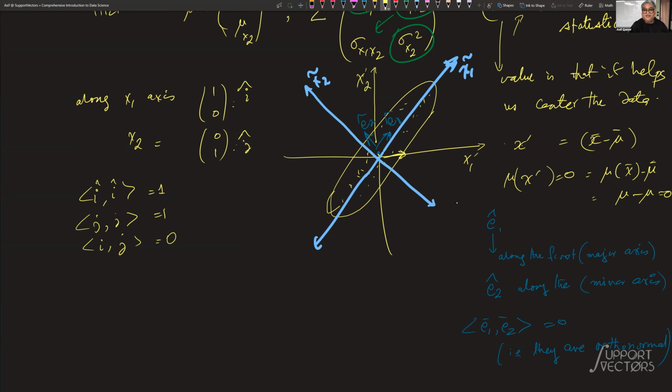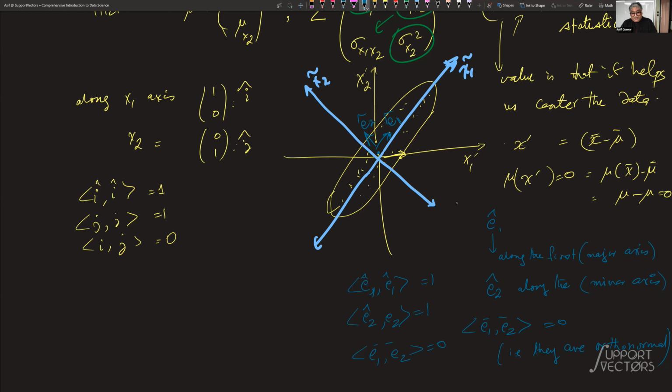E1 dot E1 is equal to 1, E2 dot E2 is equal to 1, E1 dot E2 is equal to 0. It just says that we have a nice orthonormal coordinate system, as we should.